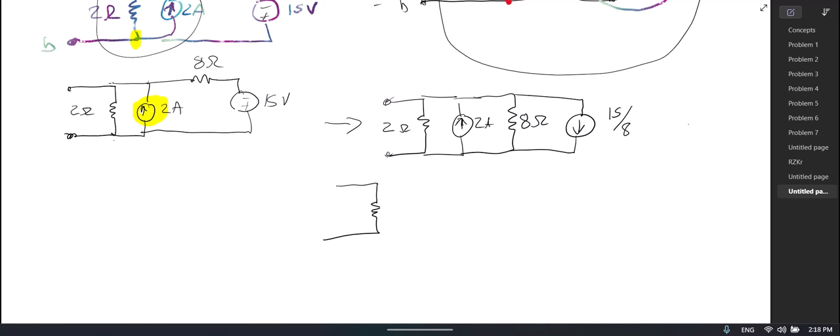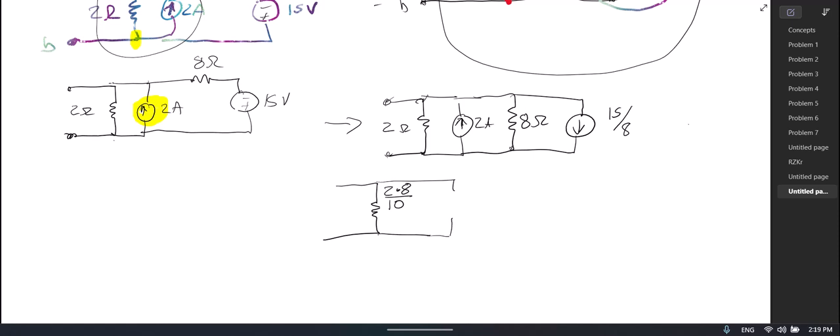So with my resistors in parallel, now I can simplify it. I was resisting changing the 2 ohm resistor before. Now, not so much. If I combine it with the 8 ohm resistor, that's not a big deal, because it will have the same voltage. So resistor simplification for resistors in parallel is product over sum. So that's 2 times 8 over 10.